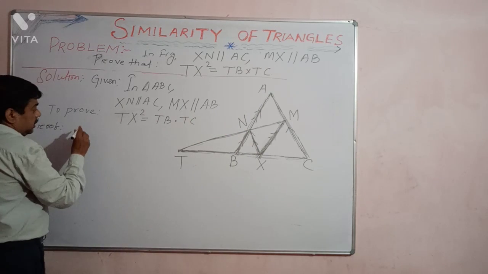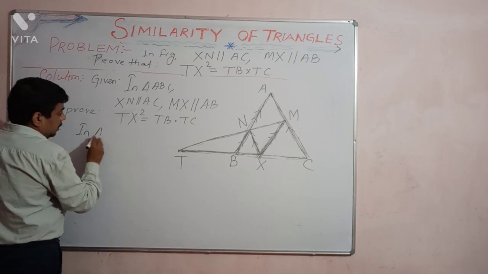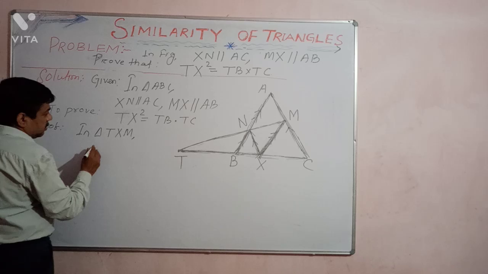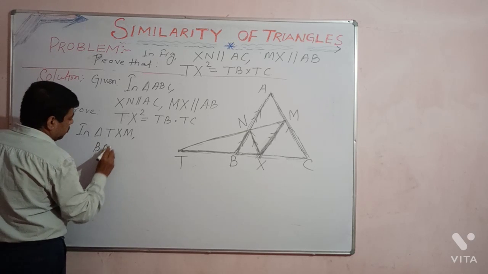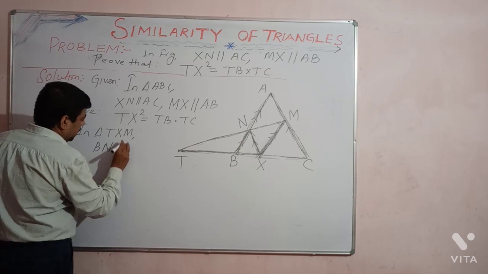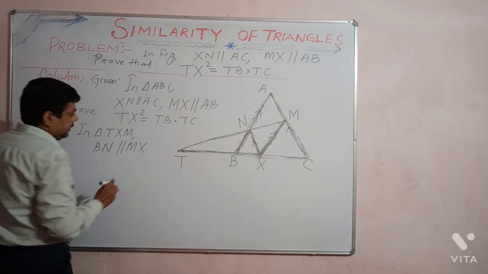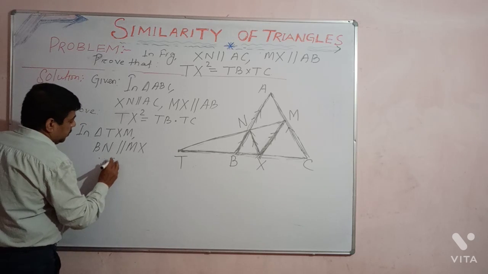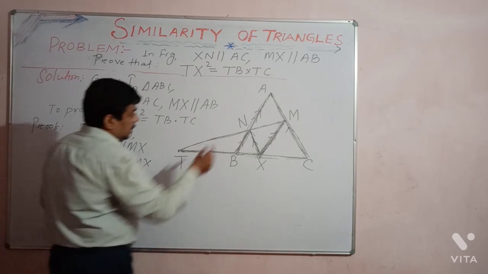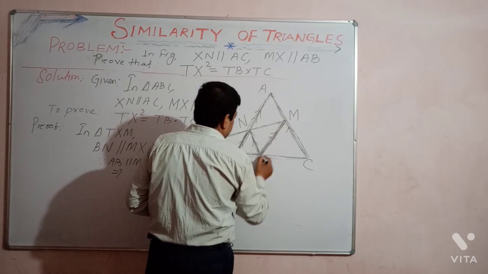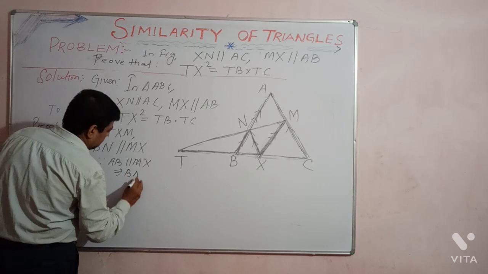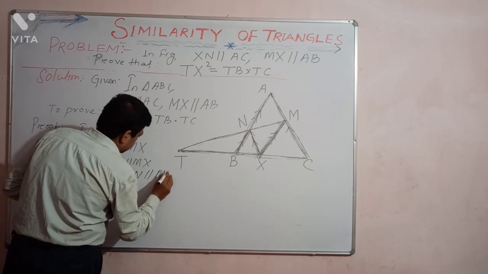So in triangle TXM, BN is parallel to MX. Why? Because AB is parallel to MX, and BN is a part of AB, that implies BN is parallel to MX.